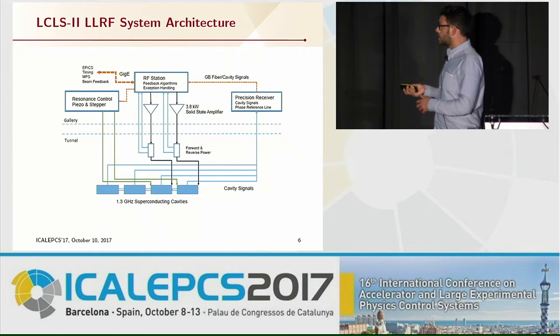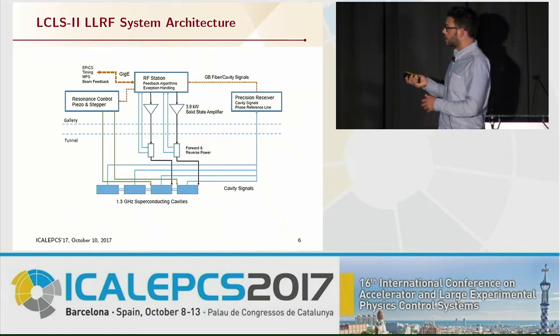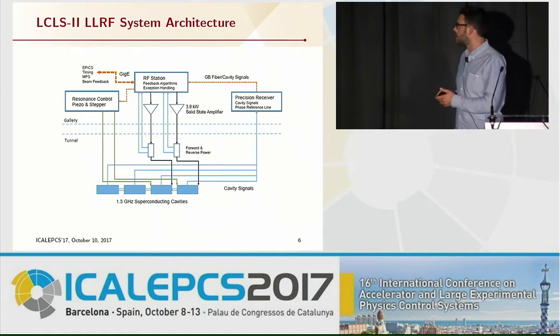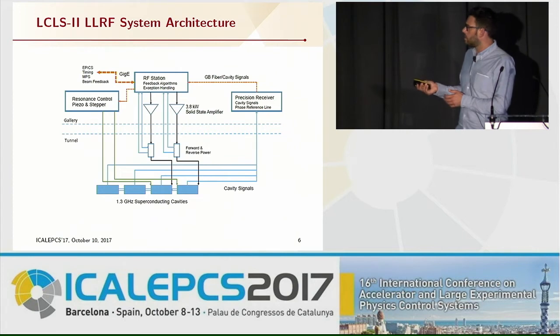The importance here is that the design is based on maximizing channel-to-channel isolation, especially for the measurement of the cavity signals with respect to the signal that drives them.